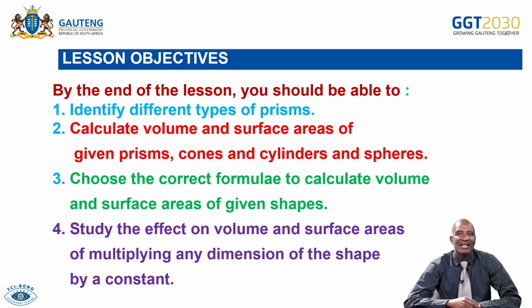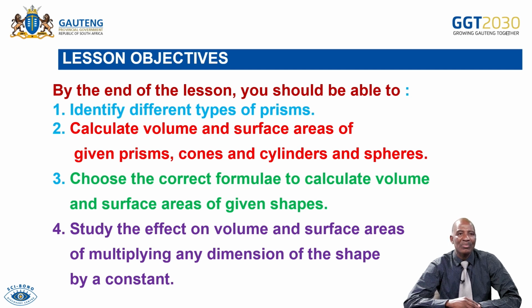By the end of this lesson, you should be able to identify types of prisms. You should also be able to calculate volume and surface areas of given prisms, cones, cylinders, and spheres. Third, you should be able to choose the correct formula to calculate volume and surface areas of given shapes.